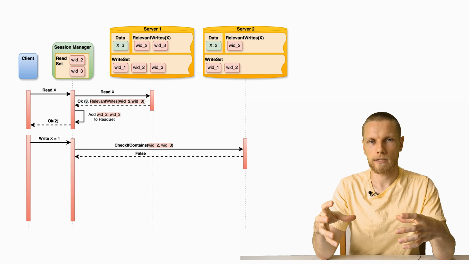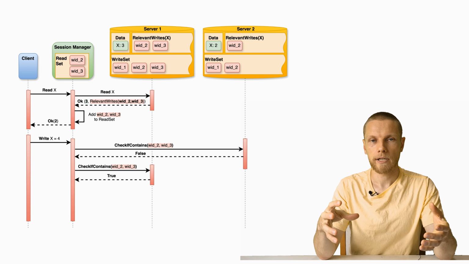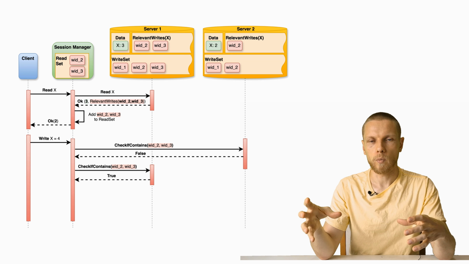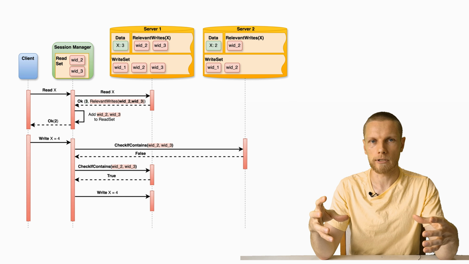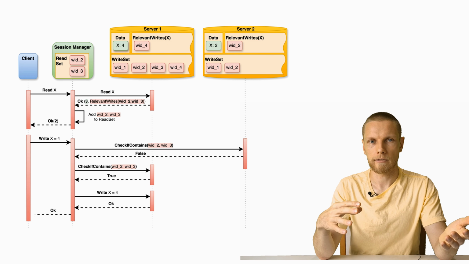Then it checks server 1, and server 1 responds positively. And thus the session manager decides that server 1 is eligible for making the write which would satisfy our guarantee of write follows read. So the write is done specifically to server 1 and the result is returned to the client.